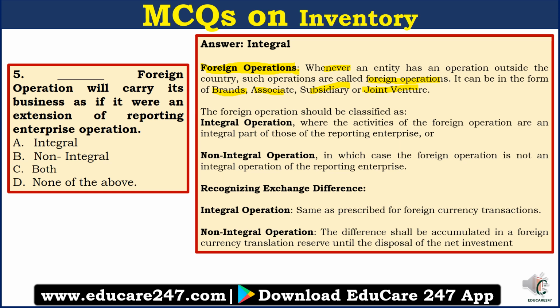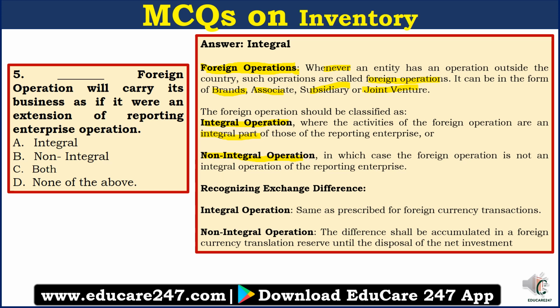The foreign operations should be classified as integral foreign operation, where the activities of the foreign operation are an integral part of those of the reporting enterprise, and non-integral operation, in which case the foreign operation is not an integral part of the reporting enterprise. So if I have to give an example of integral operation, let's say you have a branch in a foreign country where the branch imports goods from you and then sells in that country, right?